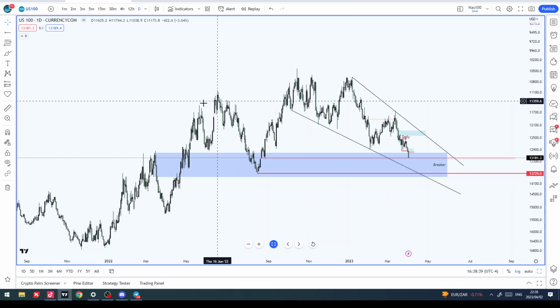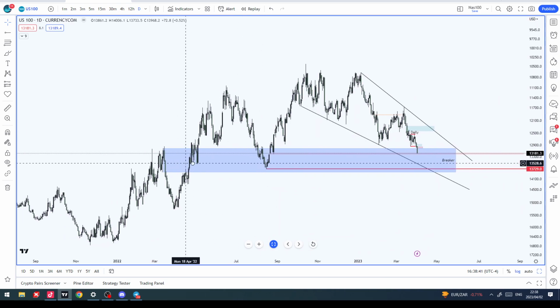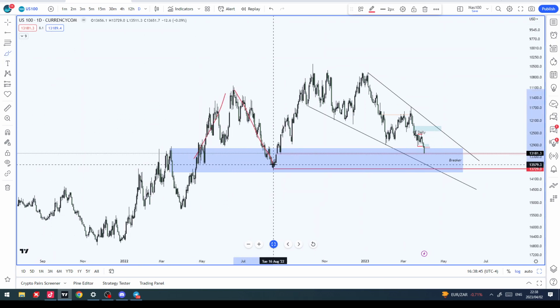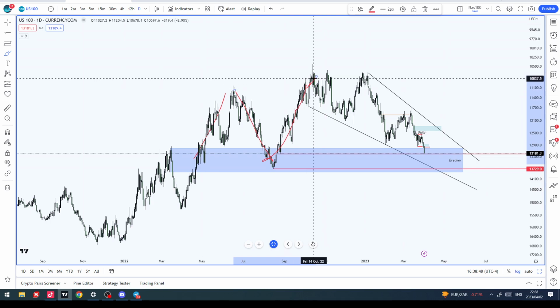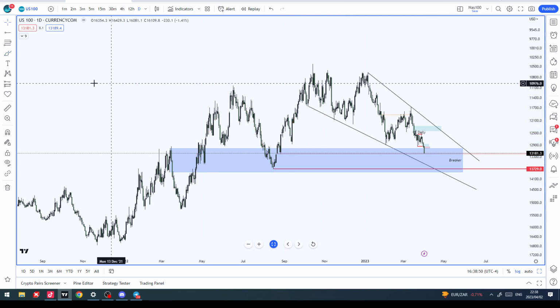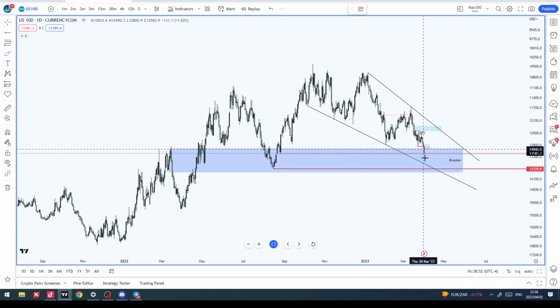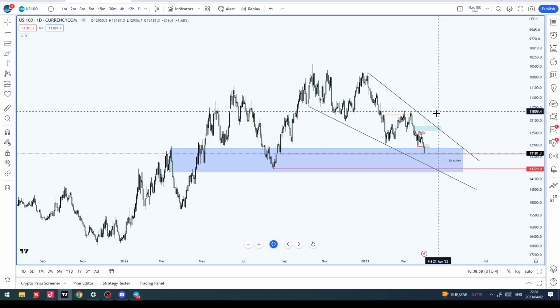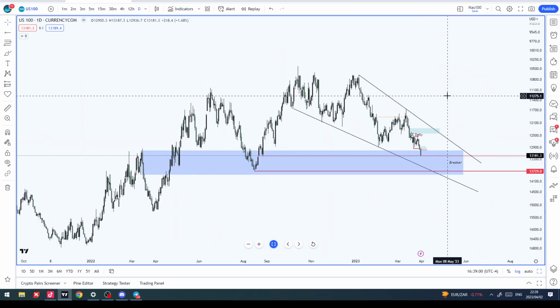If price moved away when it was here previously, when it came back, it also moved away. So when it does come back, what should it do? Move away. This is where the ideas of support and resistance are created.